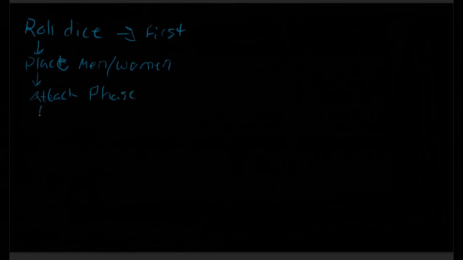In the attack phase, you roll the die, and then you evaluate who dies, right? You say, oh, so-and-so died. How should we say this? Evaluate casualties. I don't know how to spell casualties, so deaths.